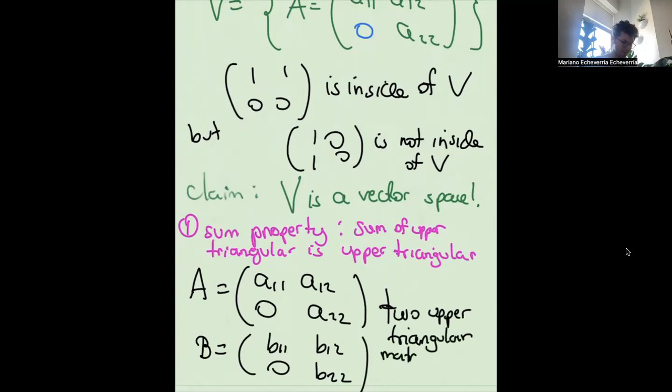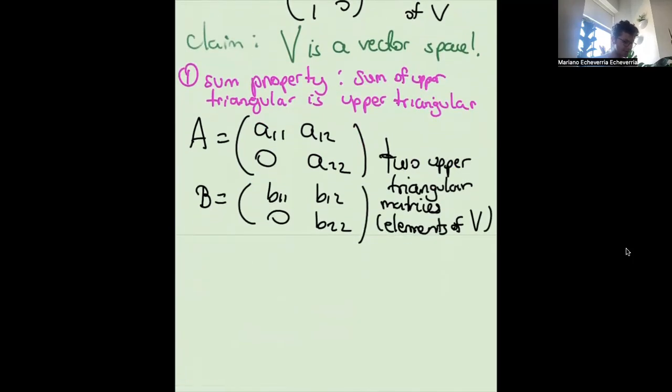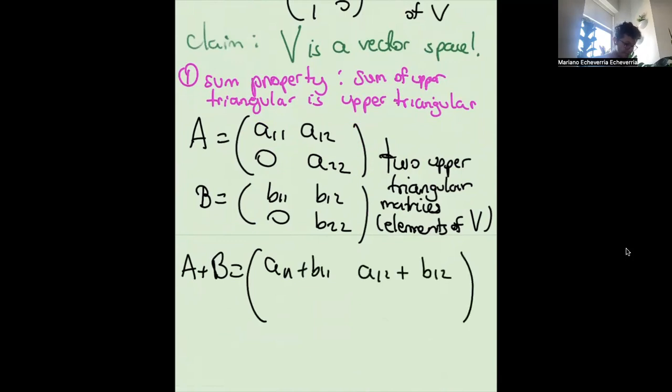So these are two upper triangular matrices, so they're elements of V. What if you add them together? What is the addition equal to? It is A11 plus V11, A12 plus V12, 0, and then A22 plus V22. Is that making sense? So this continues to be upper triangular, right?